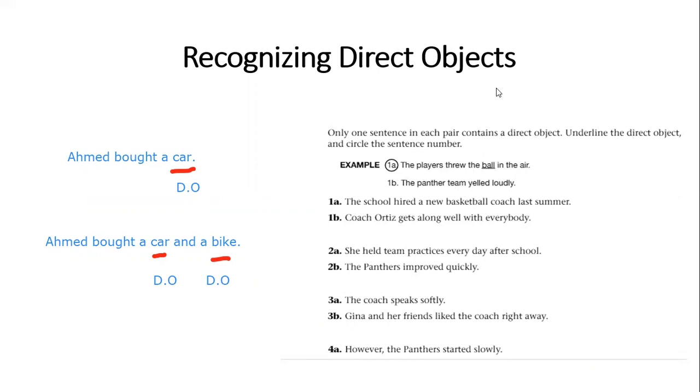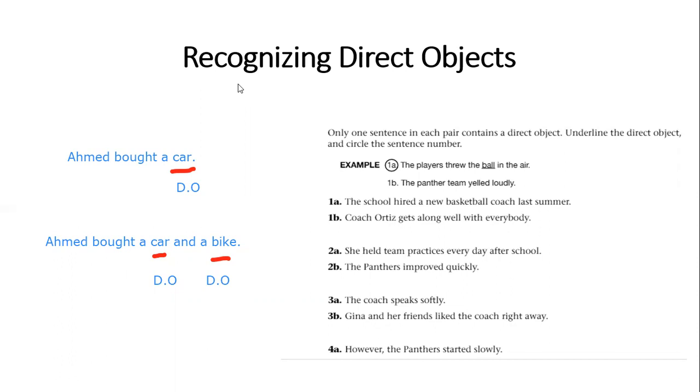So ball is the direct object here in this sentence. Good.